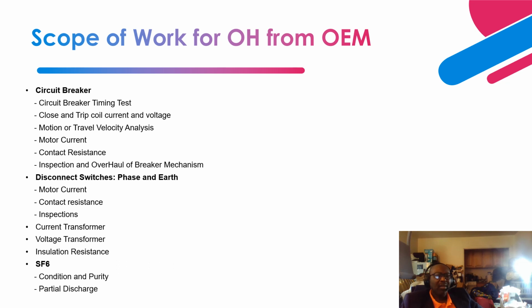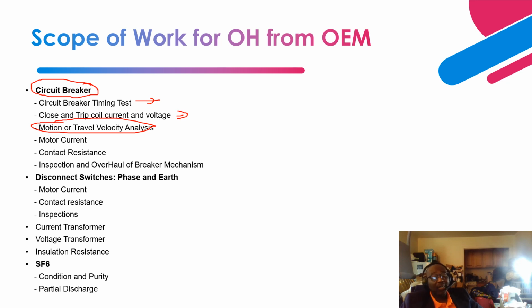Now let's talk about the scope of work that I received from the OEM. For the circuit breaker, just to mention a few: performing the circuit breaker timing test, and also testing of the current and voltages utilized by the close and trip coils of the circuit breaker. Then motion and velocity analysis to be performed on the breaker contacts.